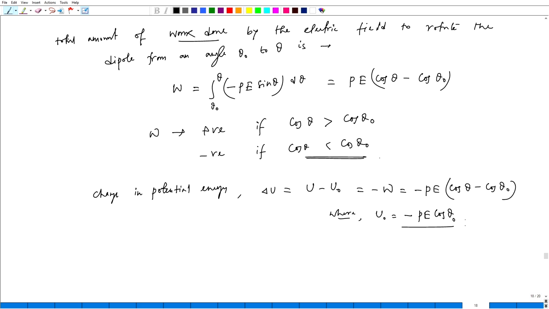This is the potential energy at the reference point, and this is the potential energy at the final point, where the angle is theta.